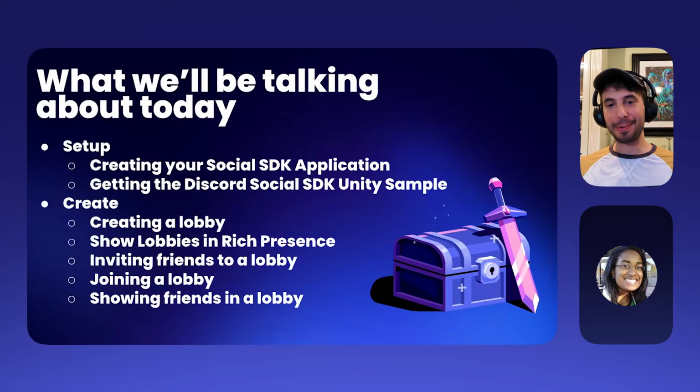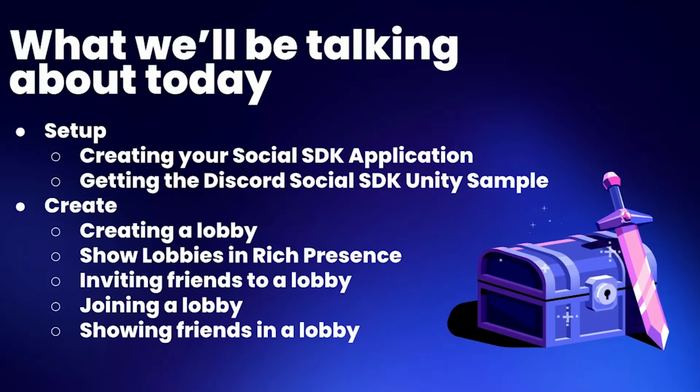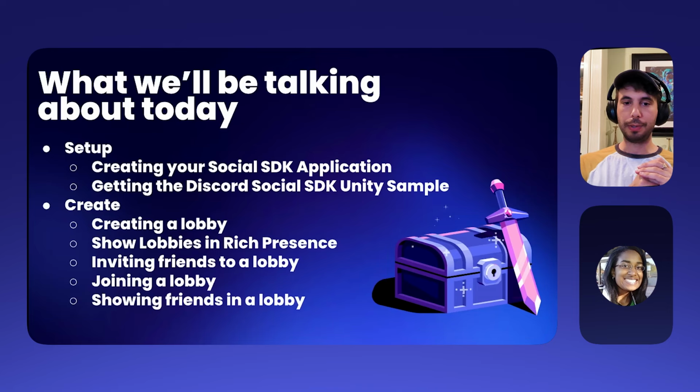Yeah, and so here's a little bit about what we're talking about. We kind of went over this a little bit. I'll give you a brief intro to how to create a Discord application, which is how you get the Social SDK. The sample that we're going to be talking about is in GitHub. I'll show you where that is. It's free to use commercially, actually. So everything you see today is going to be in there, available to use. And then we're going to go through these steps.